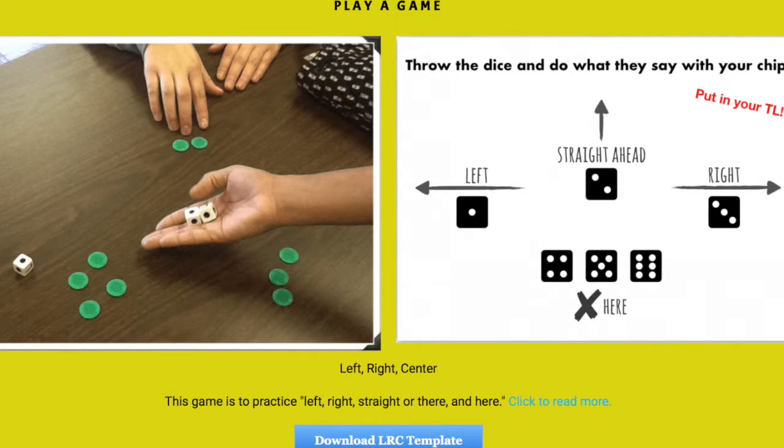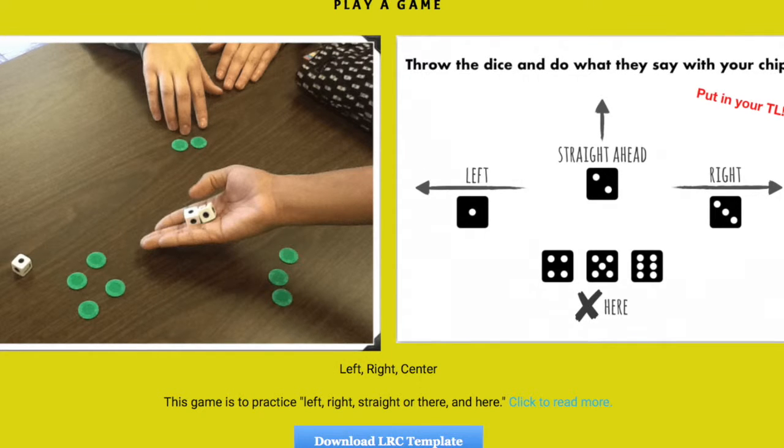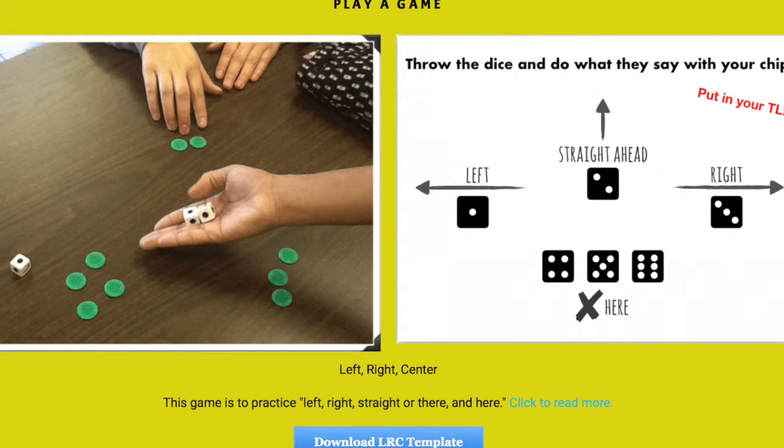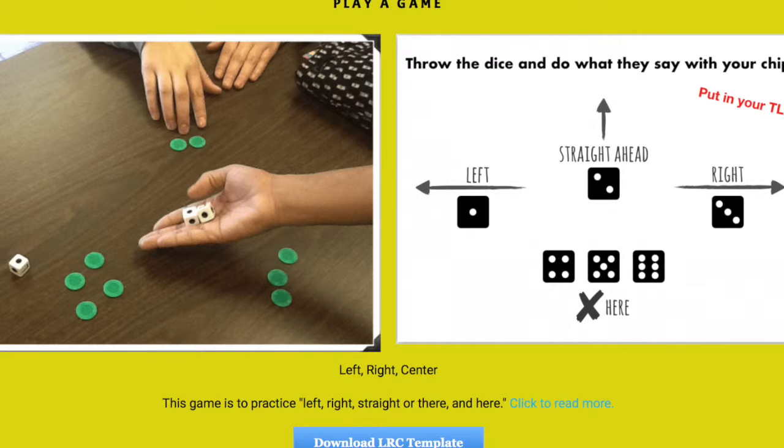Where are you? And then there would be a sign that would have the directions to get to the next spot. And I sent them out in small teams, and we timed them. And then the team that was able to complete it the quickest got a little pat on the back. But that was a way that they could start reading the directions in order to complete a task.